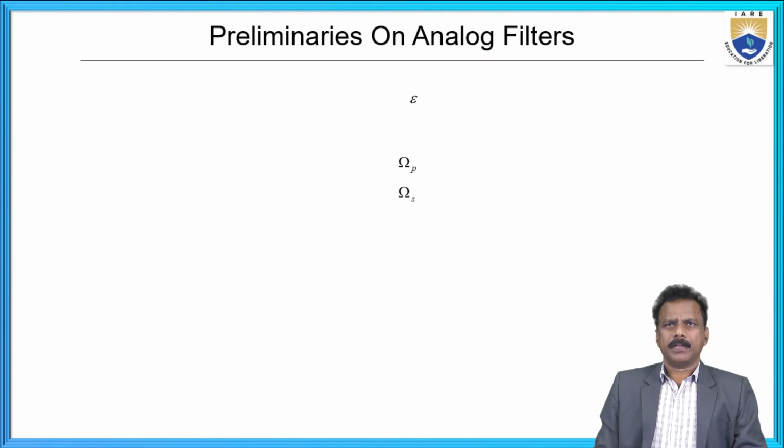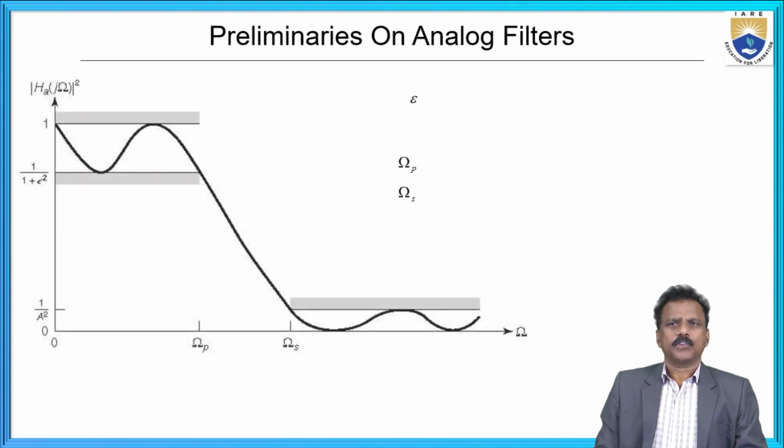Next, preliminaries on analog filters. Some mathematical notations are required, like for the analog filter, there may be pass band or stop band attenuation values, and so on. For this, the preliminaries on analog filters use this graph: omega versus the magnitude response.